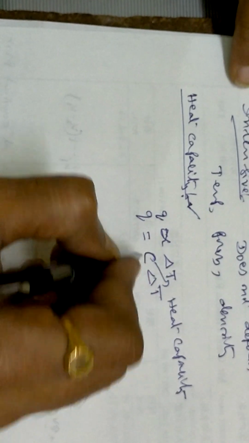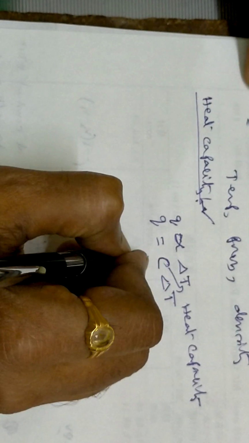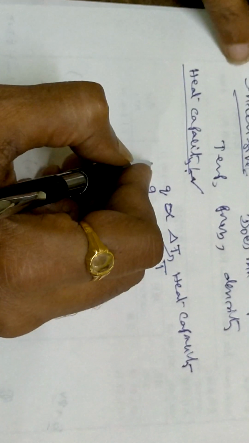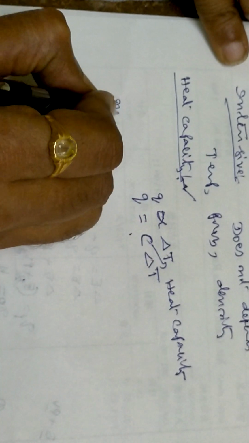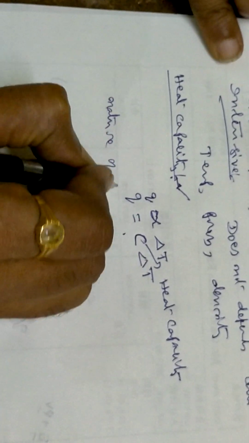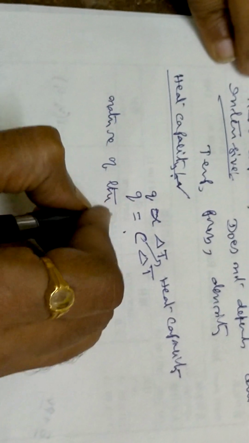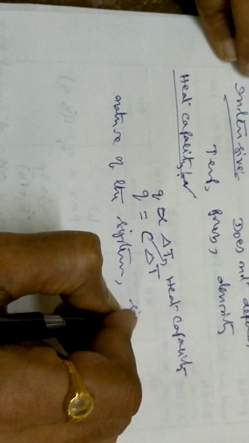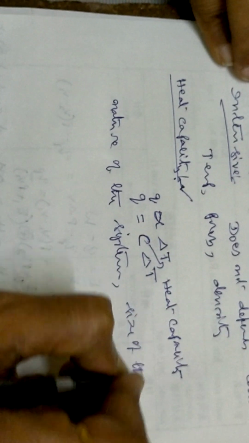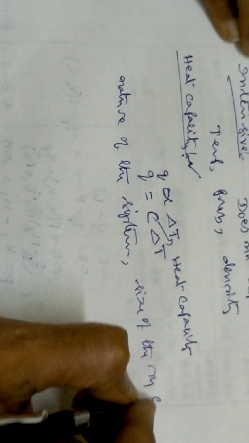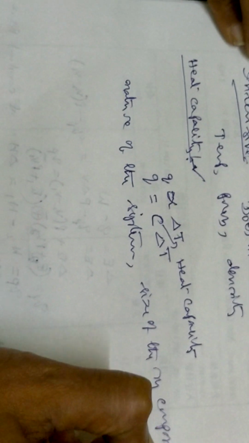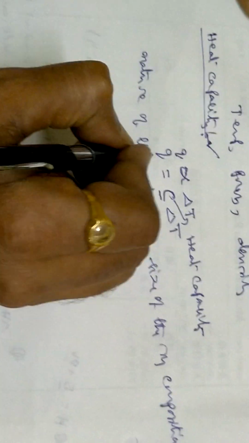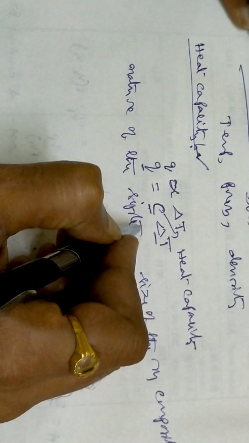It is a coefficient, it depends upon the nature of the system, size of the system, composition, and so on. And if C is more, for a given amount of Q, delta T will be less.